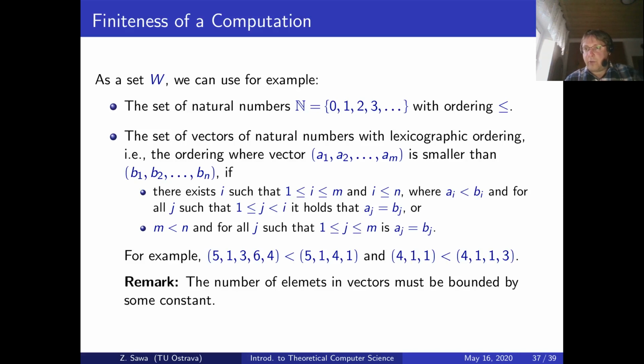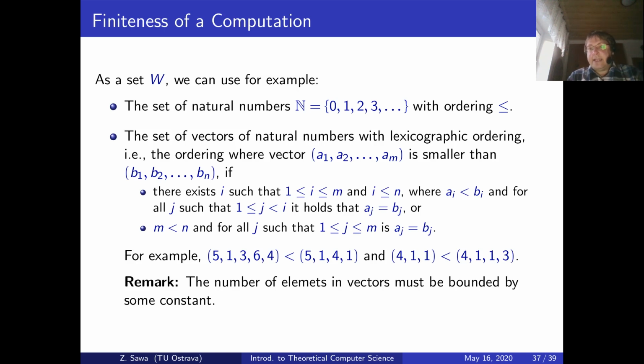So there could be an infinite sequence of real numbers that is strictly decreasing. So natural numbers with the standard ordering are something where we cannot have infinite strictly decreasing sequences.